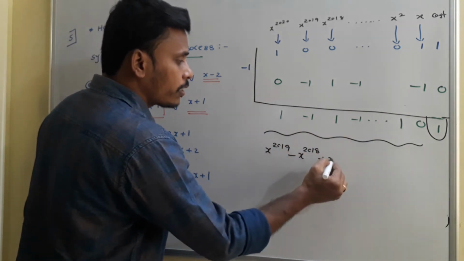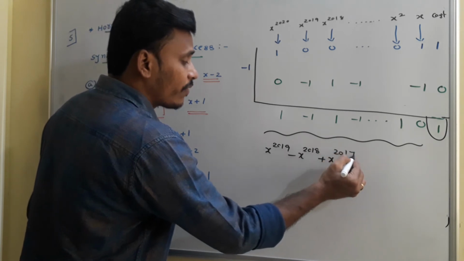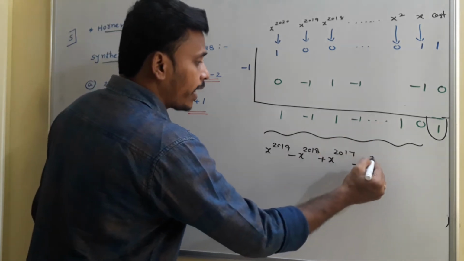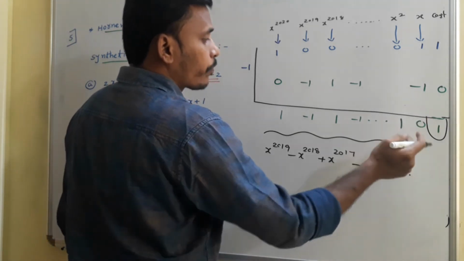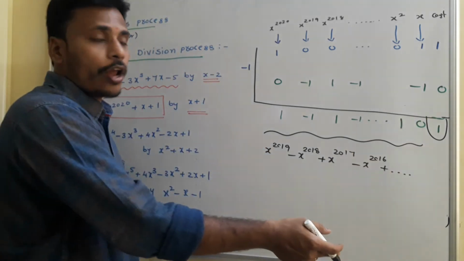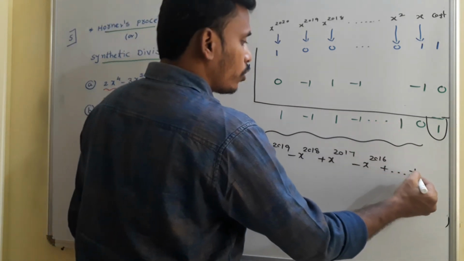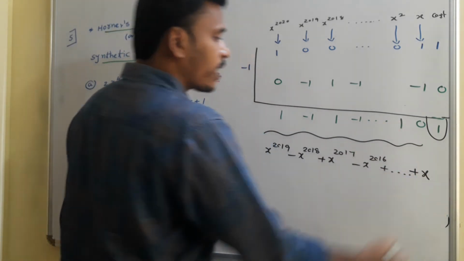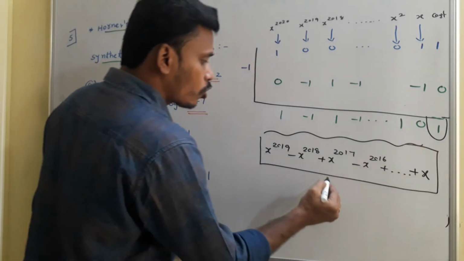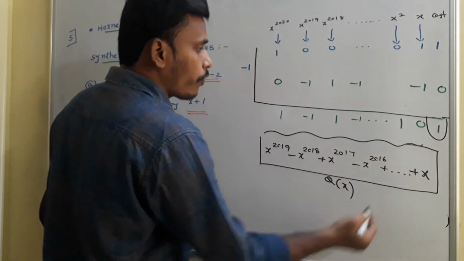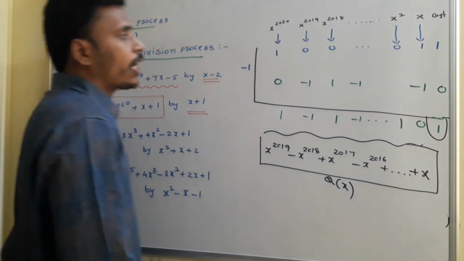Plus this one represents x power 2017. This minus 1, minus x power 2016. Plus and so on. At the end, 0 will give you the constant, but this is 1, so that represents plus x. This total thing is the quotient q of x, and this 1 is the remainder r of x.